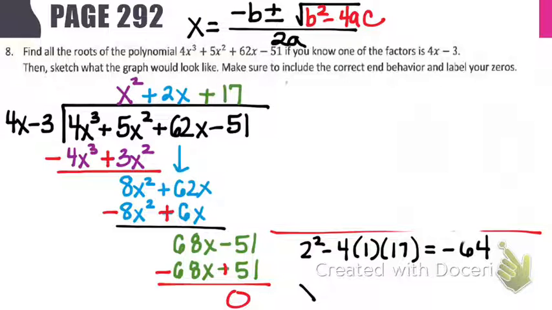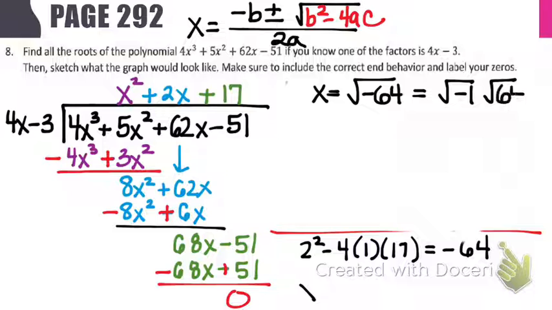So did you get negative 64? All right, so let's go ahead and we take out the negative 1. So my discriminant, this is my discriminant, not the entire quadratic formula. So we have 8i.